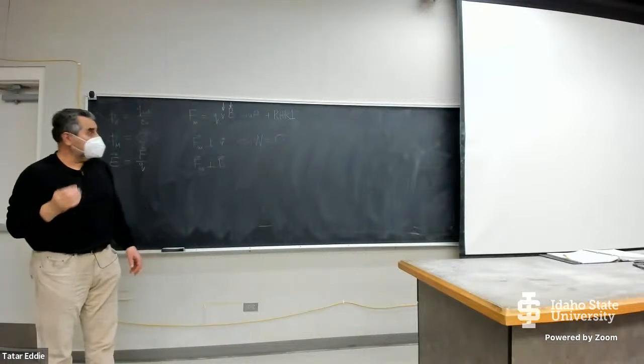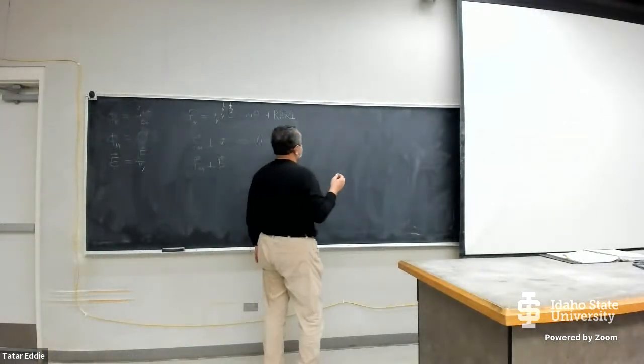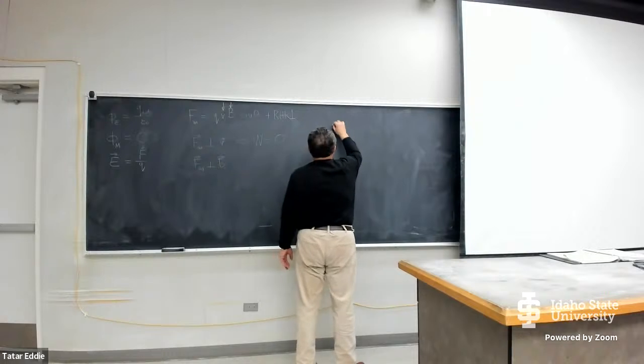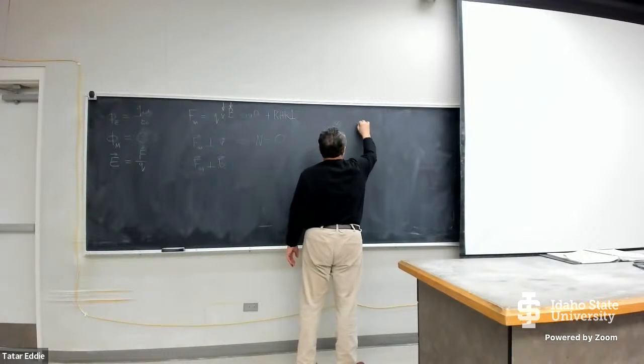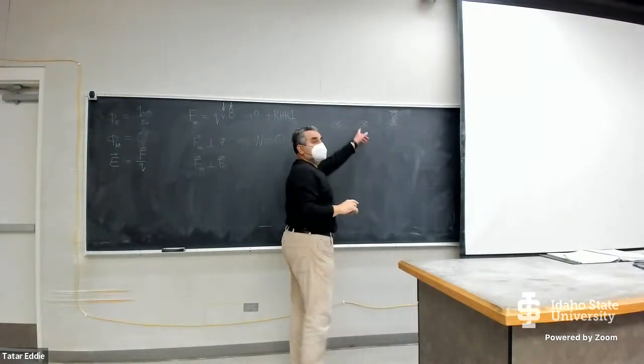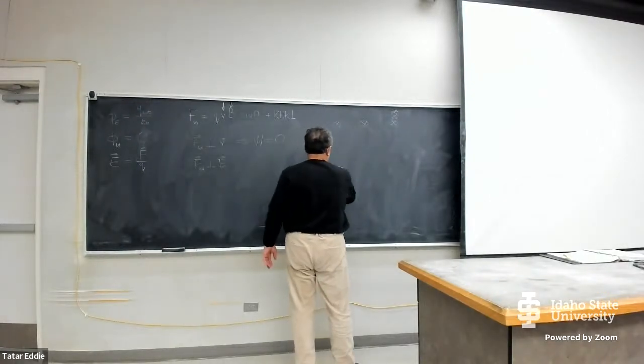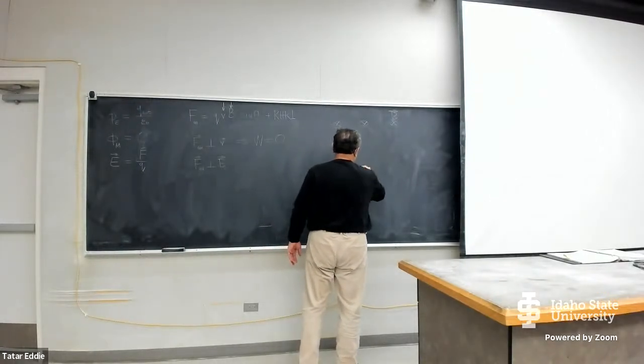So look, let's say you have a magnetic field into the board everywhere. This is magnetic field B into the board, right? This is the sign for an into-the-board field. And it is the same everywhere here.